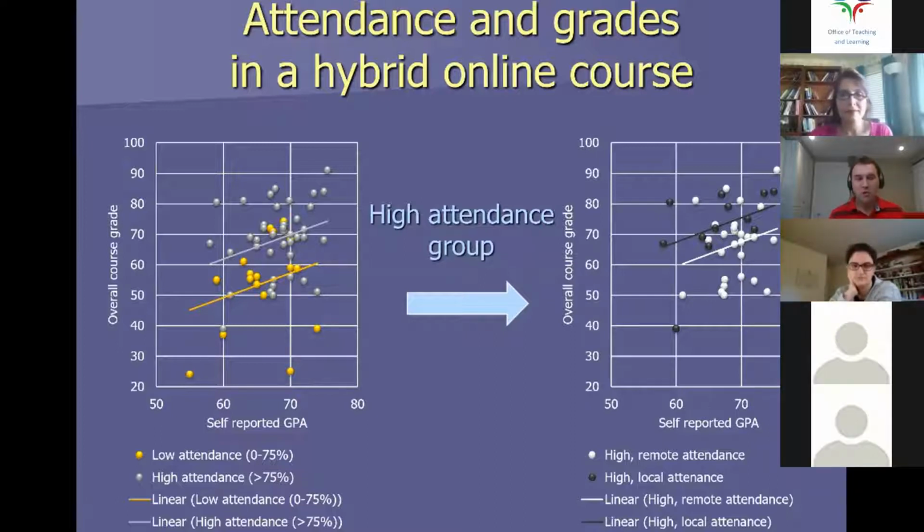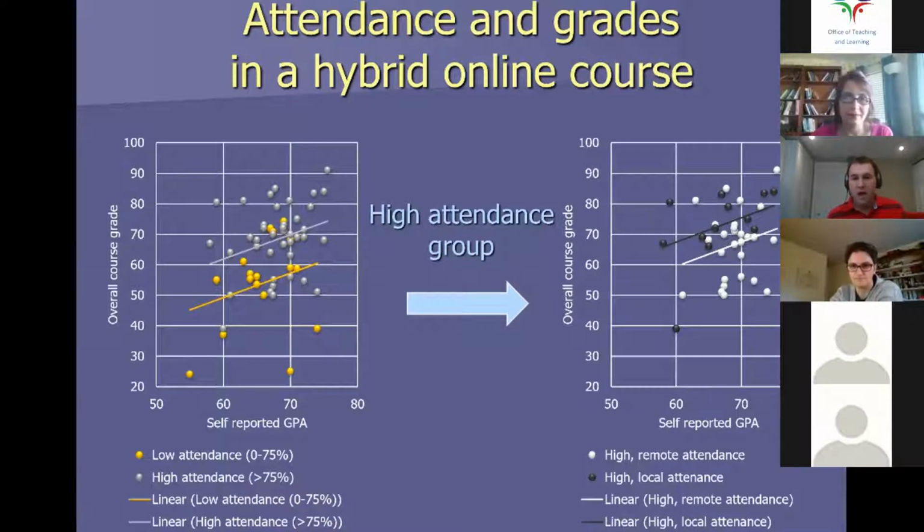So the really important thing here is that if students attend class, just by showing up, they can do on average 12% better. Now, when we looked at the effect of students attending remotely or face-to-face, we looked at both groups that attended either primarily face-to-face or primarily remotely, and who attended more than 75% of the classes, so that we had a similar comparison.